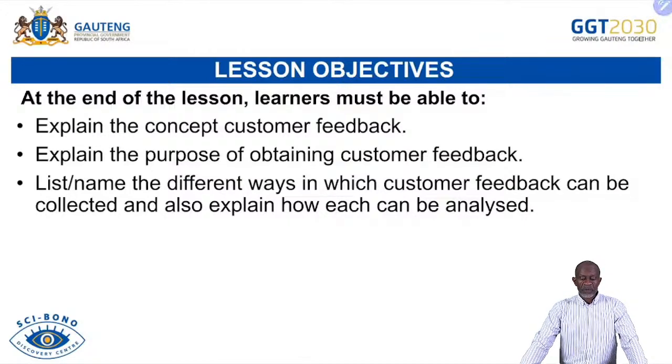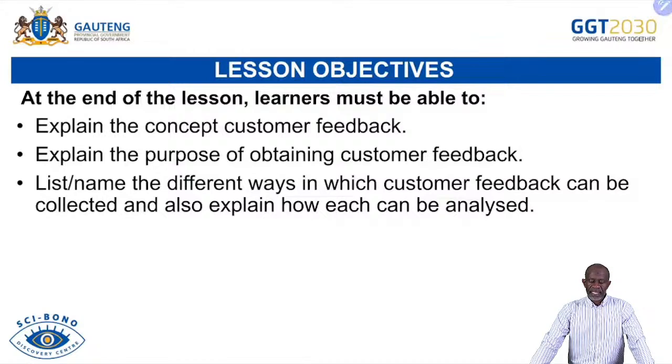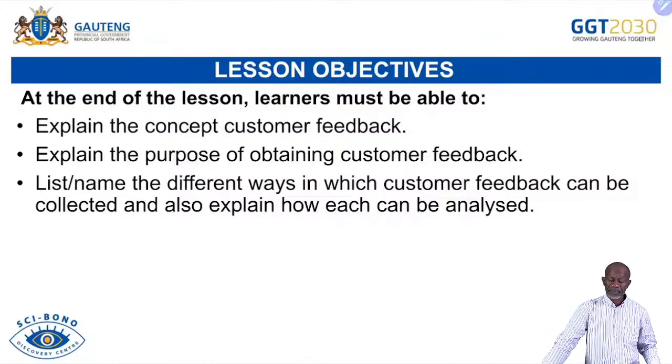Here are your lesson objectives. At the end of this lesson, you as grade 12 learners must be able to know and understand the following. You are expected to explain the concept customer feedback.